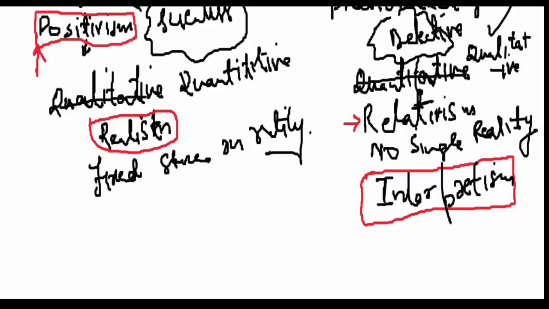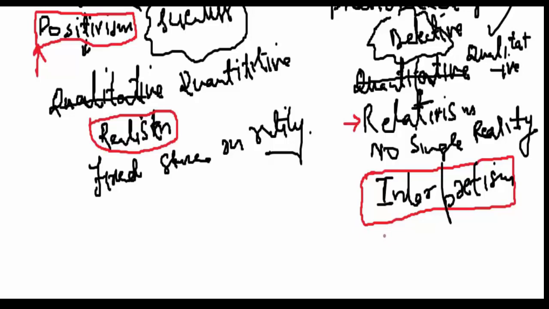Because when we talk about epistemology, it is the approaches to know. It is to determine the relationship between the researcher and the researched. That's important. So interpretivism is the way to go epistemologically.